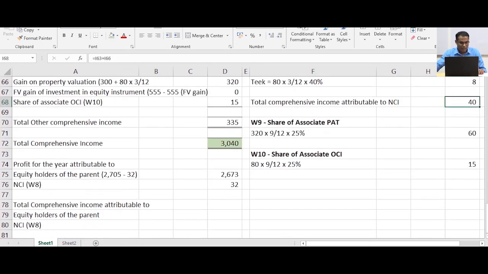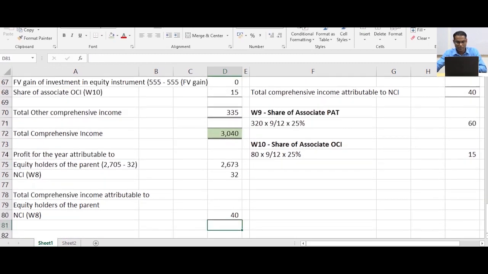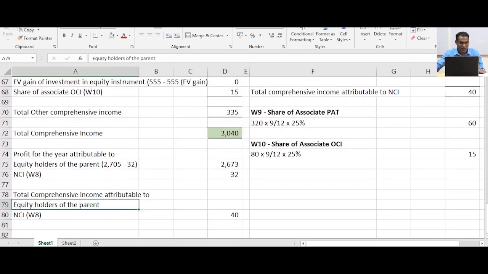Right. Then here I am taking total comprehensive income attributable to NCI coming from working number 8 equal to 40, this figure 40. Then how much is the equity holders of the parent?